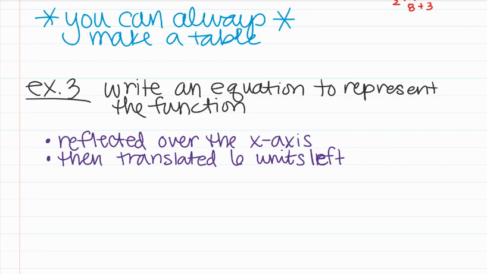So if the parabola does not stretch or shrink, that means the a has to be 1, because if the a is 1, that means it's like a scale factor of 1, so the size doesn't change. But if it's reflected, that means we have a negative. So a has to equal -1.